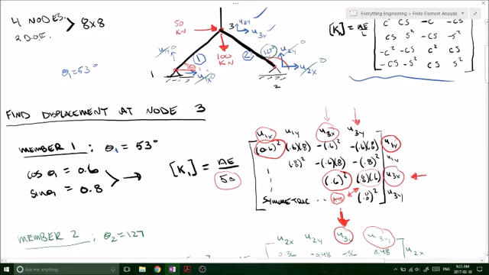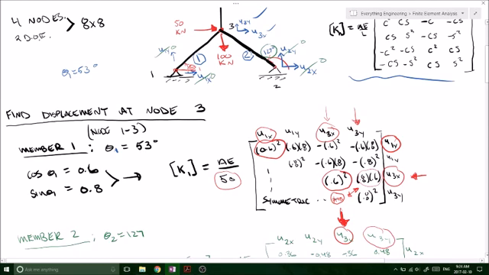It depends on the way that you label things, but for member 1, that entails our node 1 to node 3, okay? So when you're labeling your local stiffness matrix, make sure that you only have 1x, 1y, 3x, and 3y, because you're standing at node number 1, looking at node number 3. So that is important to keep straight. You can only have the nodes that are connecting your member within your local stiffness matrix.